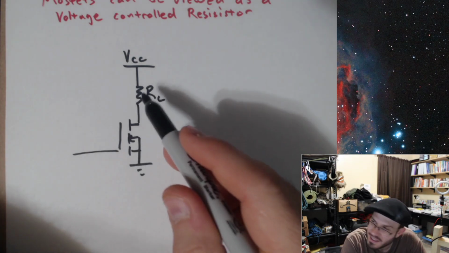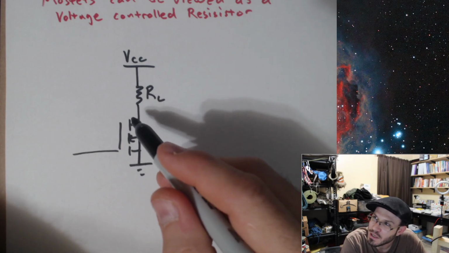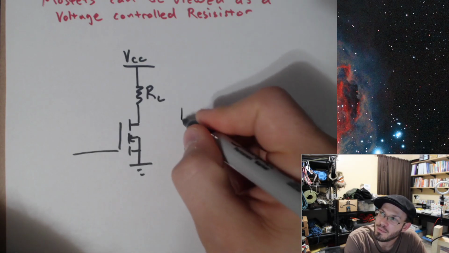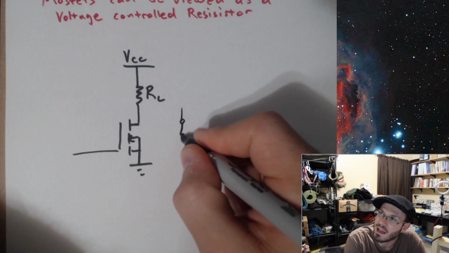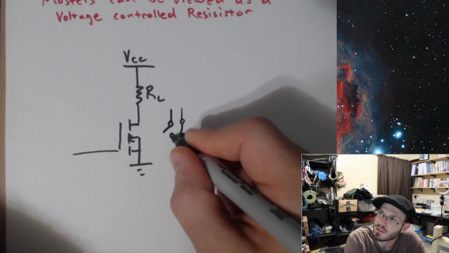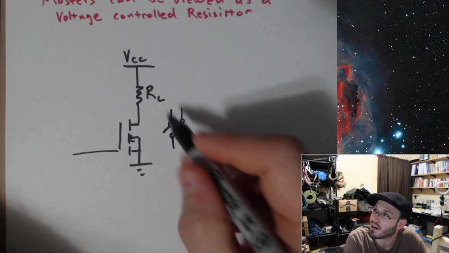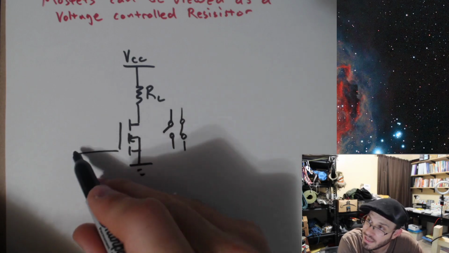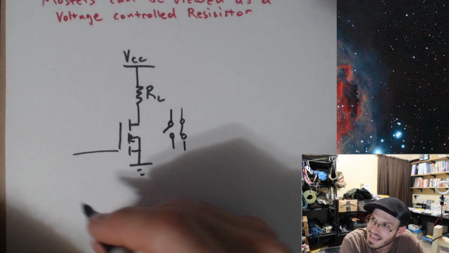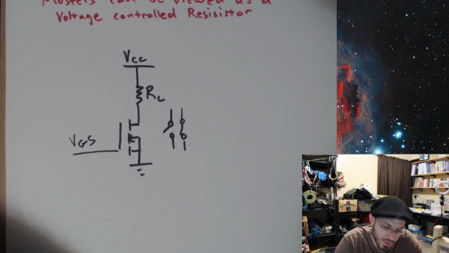You would put that load up here, and then use the MOSFET to behave like either an open switch or a closed switch. I know I said those opposite as I wrote them. Closed switch over here and open switch over here, depending on the voltage applied to the gate. And this would be known as VGS.